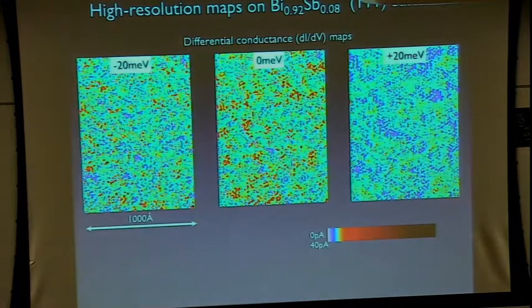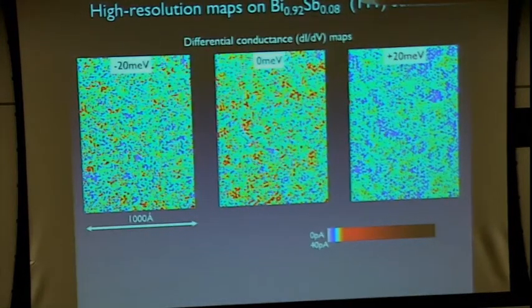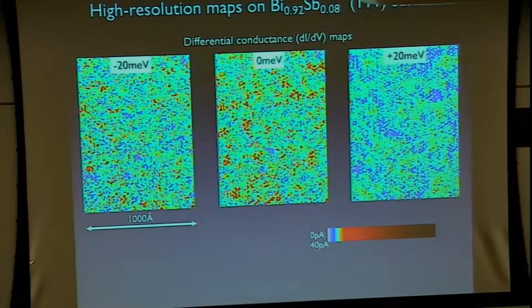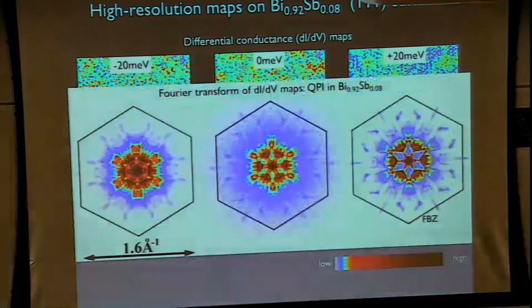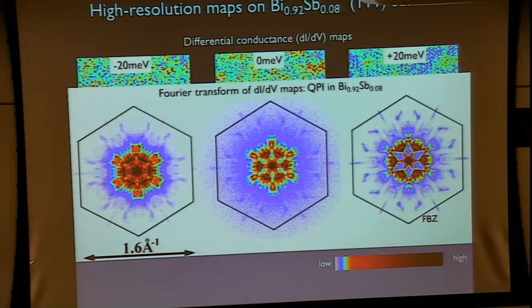So in these experiments, what we had to do was really push the resolution to look at very, very large areas of the sample, because at the end of the day, we are taking a Fourier transform of these STM maps. So the larger the picture you have, the more you can resolve all the different wavelengths that could be in this picture. Okay. So these are very painstaking experiments.